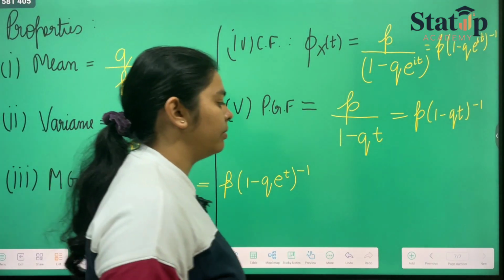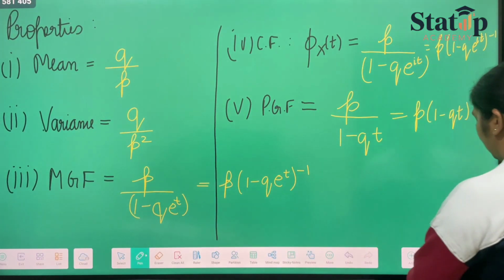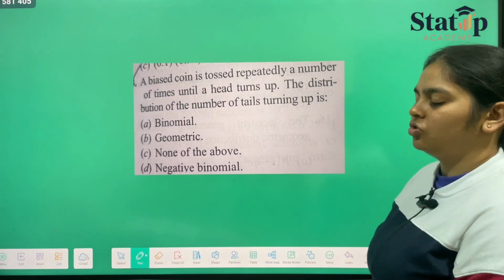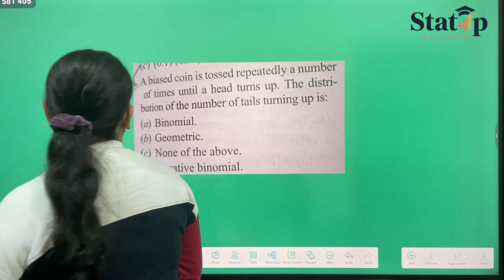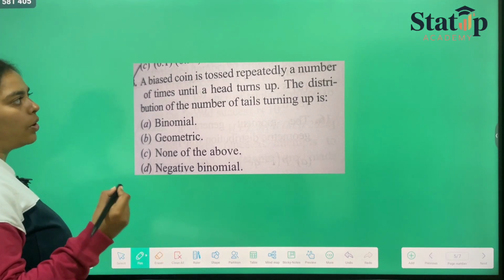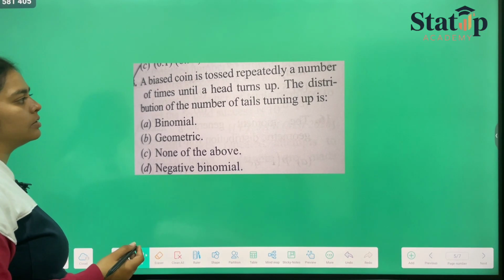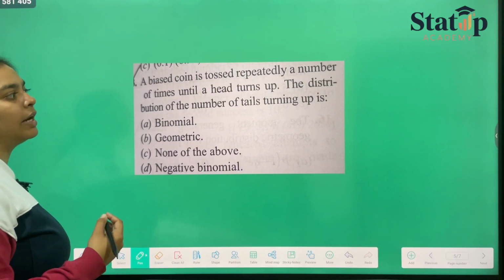Let us see what the questions hold, and if there is any new property, we'll talk about that there only. So this is just a normal statement based question. A biased coin is tossed repeatedly a number of times until a head turns up. The distribution of the number of tails.